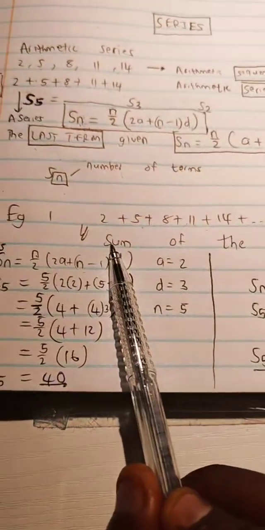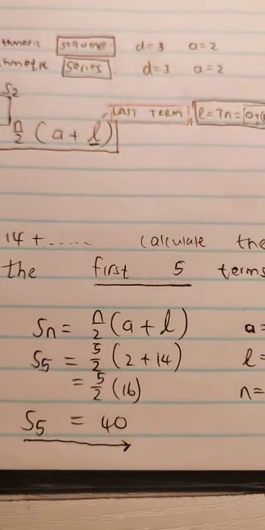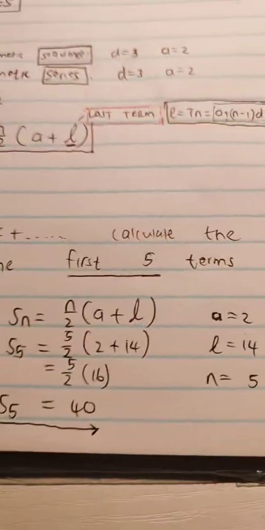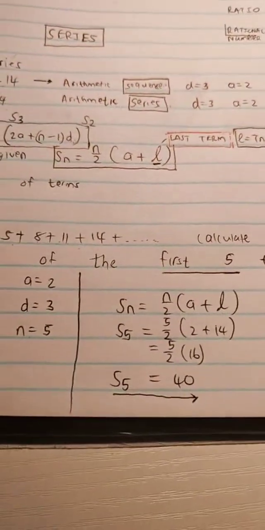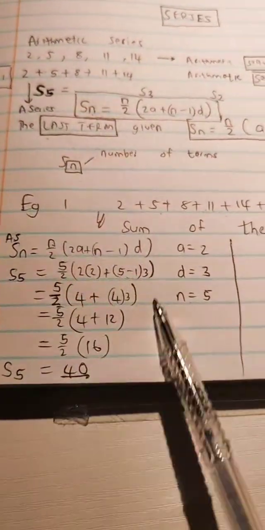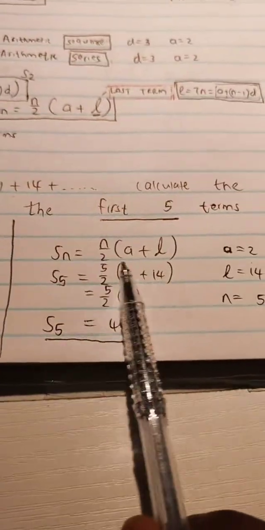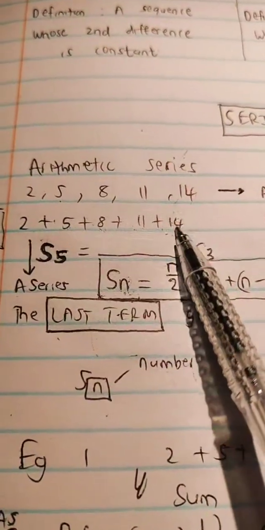Since we were asked to calculate the sum of the first 5 terms, we can use this formula where we need A, D, and N, or we could use this formula because for the first 5 terms, the last term is there.